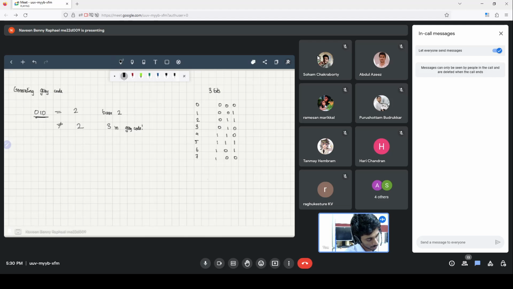So if you look at the same thing in the wheel again, you can see that no matter where you're going, there's only one bit changing.